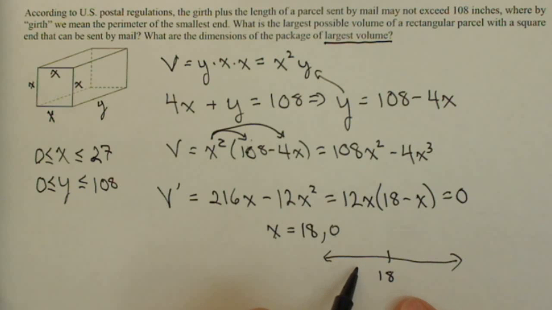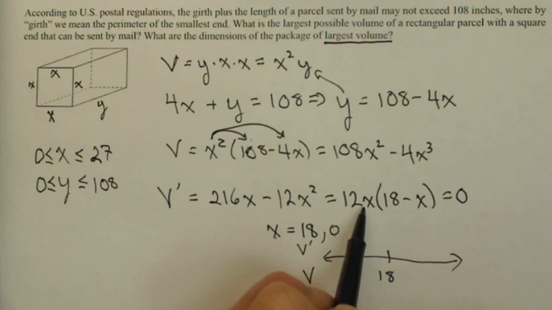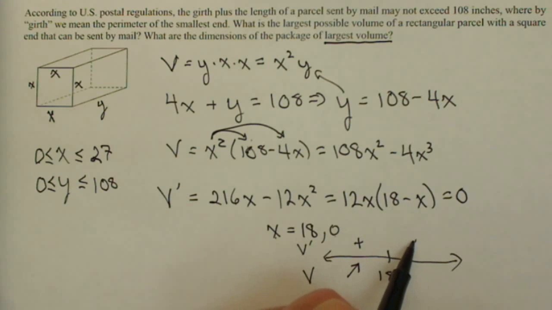So to the left of 18, say if I use a test point of 17, I'll get positive times positive is positive for V prime, which means V is in fact increasing. If I use a number larger than 18, say 19, I've got a positive times a negative, so I'm going to have decreasing. So 18 is in fact going to yield the maximum possible volume.